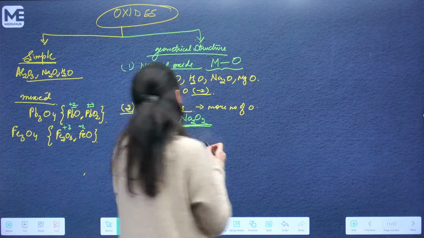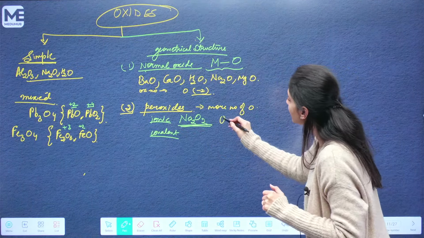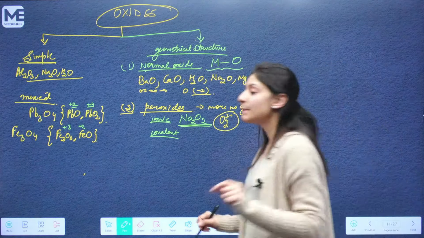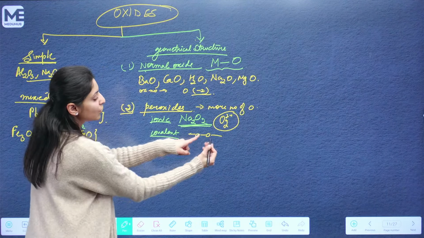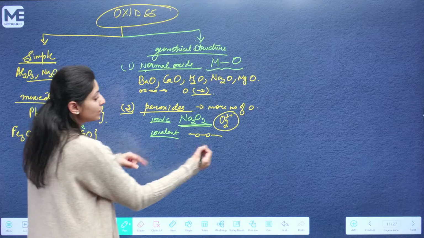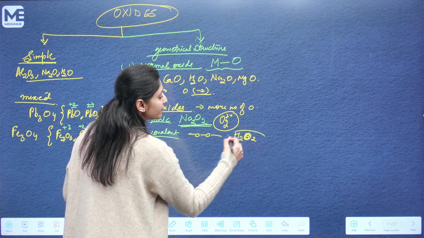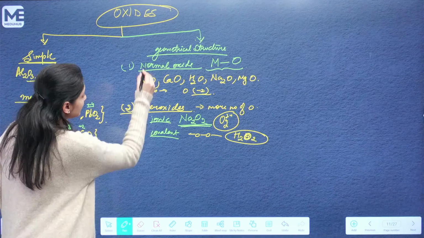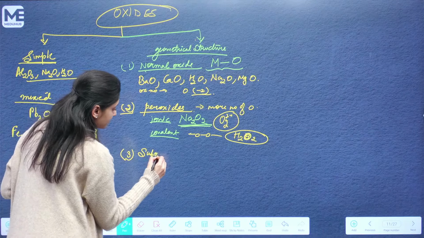Because it's an ionic peroxide, it contains the O2 2- species. Covalent peroxides contain this type of linkage, 2 oxygens attached by a single bond. An example of covalent peroxide is H2O2.